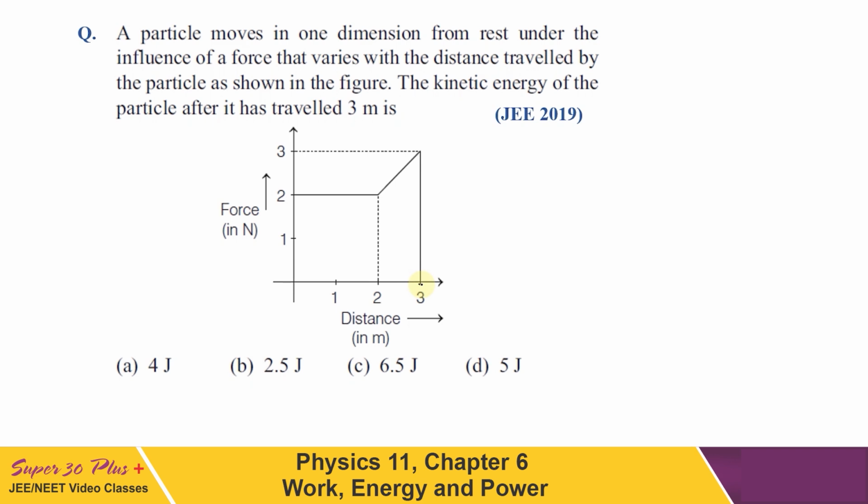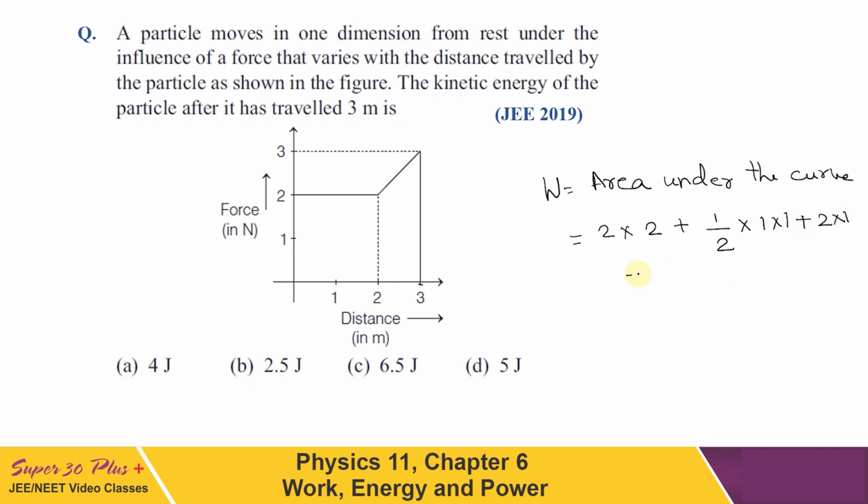Now since this is a graph between force and distance, directly we can write work done has to be equal to the area under the curve. So that should be equal to 2 into 2 plus 1/2 into 1 into 1 plus 2 into 1. This will be equal to 6.5 joule.